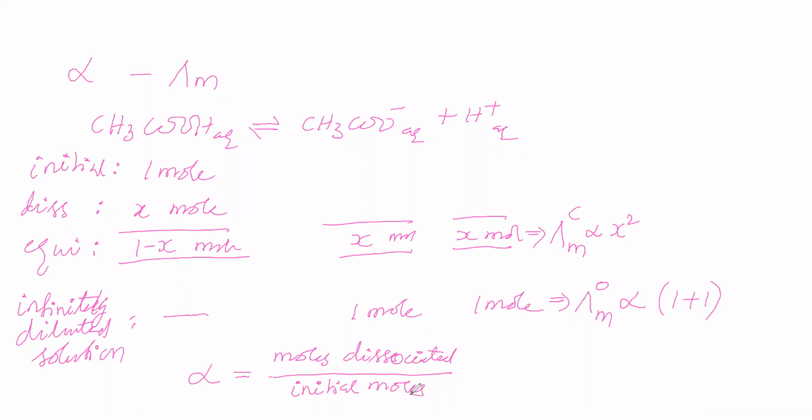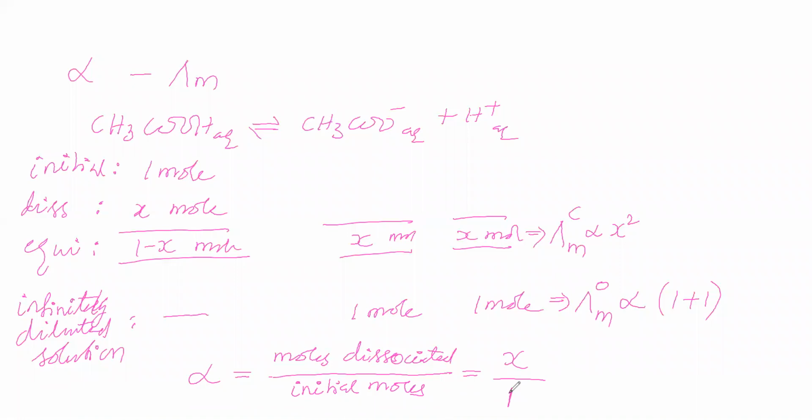Alpha is the number of moles of acetic acid dissociated divided by the number of moles of acetic acid taken, called the degree of dissociation. The number of moles of acetic acid dissociated is x moles, and the initial number of moles of acetic acid we have taken is 1 mole.